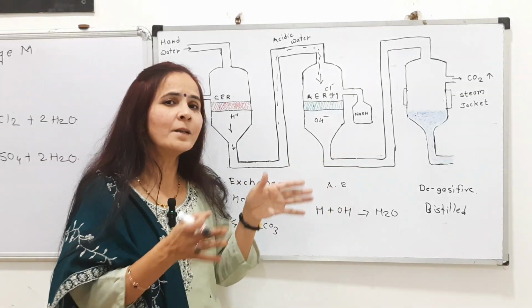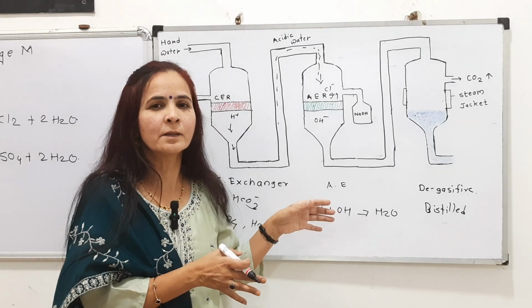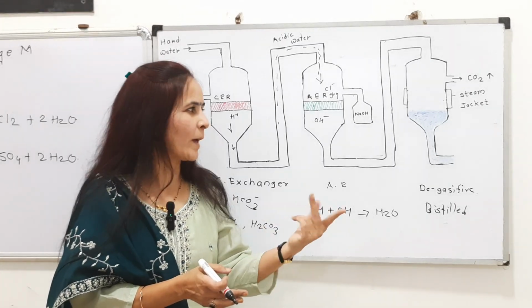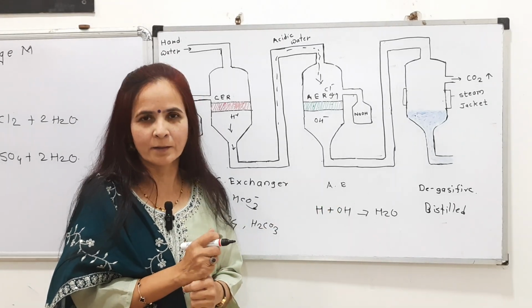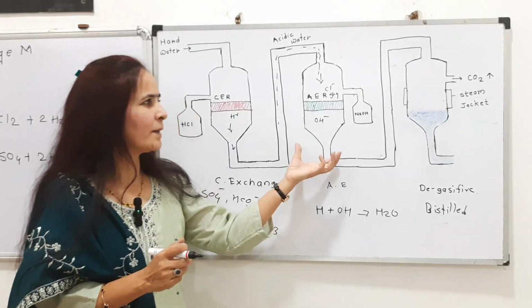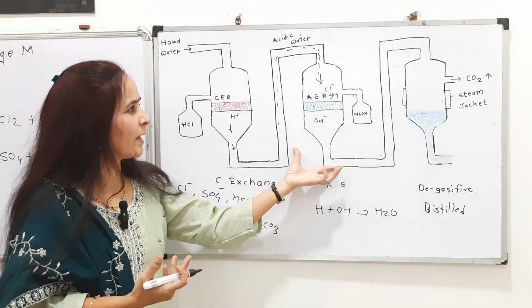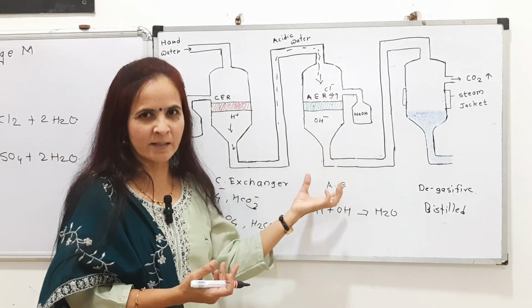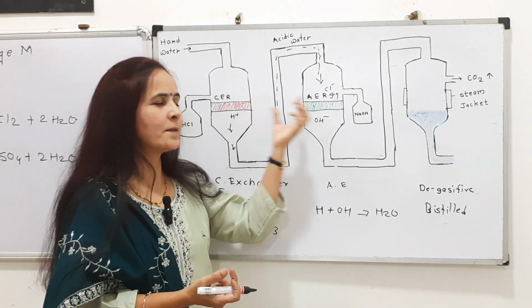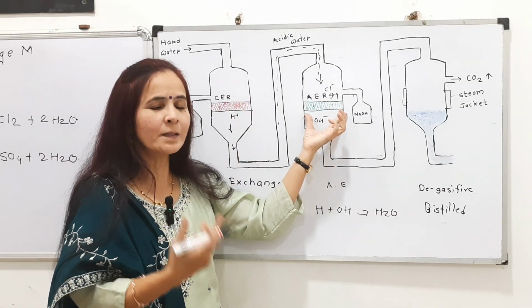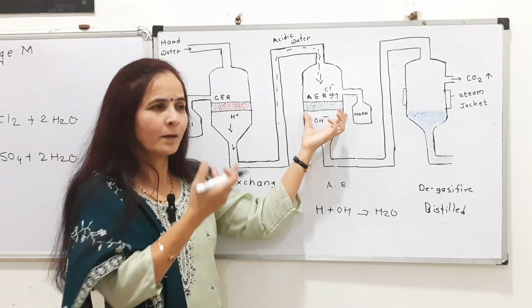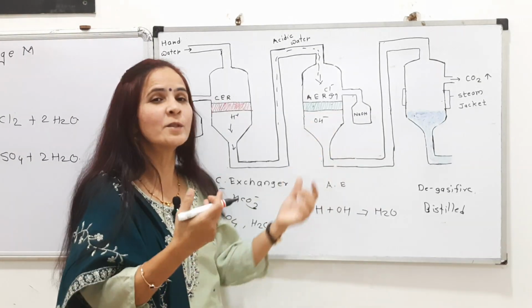But what is the disadvantage of this ion exchange method? There are only two drawbacks. This method becomes expensive: the equipment is expensive, and the resins also, because we have to regenerate them again and again, and that becomes costly.